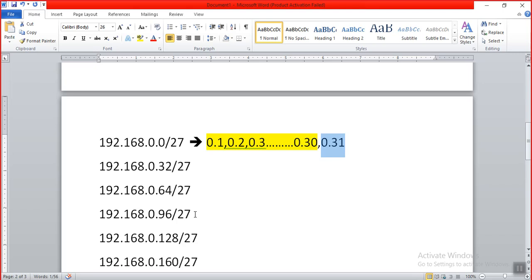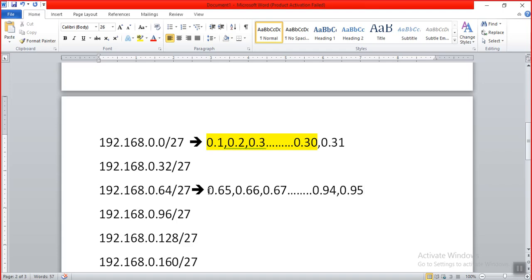If I consider this one, say, within this, 0.64 is the network, 0.65 is the first IP, 0.66 the second IP, 0.67 the third IP, like this. 0.96 is the next network, so 94 and 0.95 is the last IP.